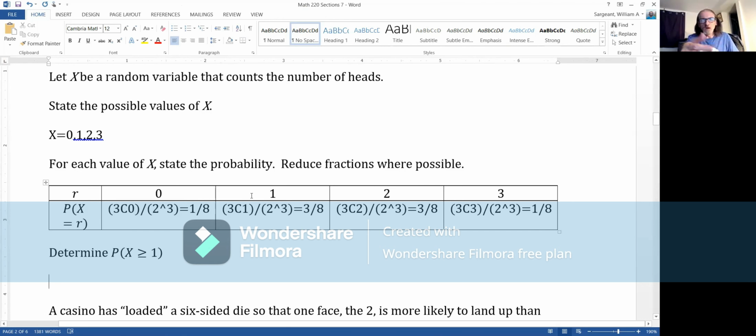You'd have to have another trial. So those are mutually exclusive events. No double counting to worry about. No subtracting to worry about. We could just add 3 eighths plus 3 eighths plus 1 eighth to get 7 eighths. So we're seeing 2 options for computing this.